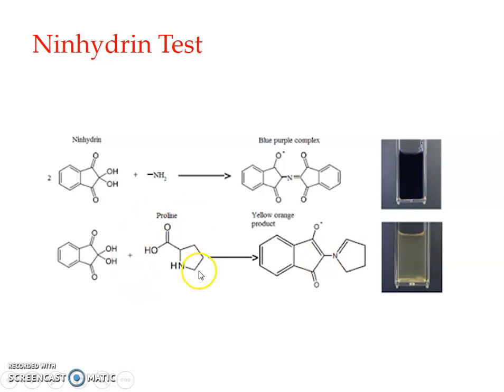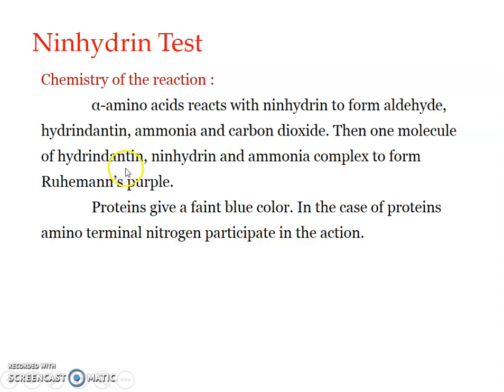In the case of proline, such a complex cannot be formed, and hence it becomes a yellow-orange product. Otherwise, all the amino acids give a blue-purple complex, which is due to the complex formed, containing Ruhemann's purple, that is the color actually. It is because of the ninhydrin and ammonia complex.